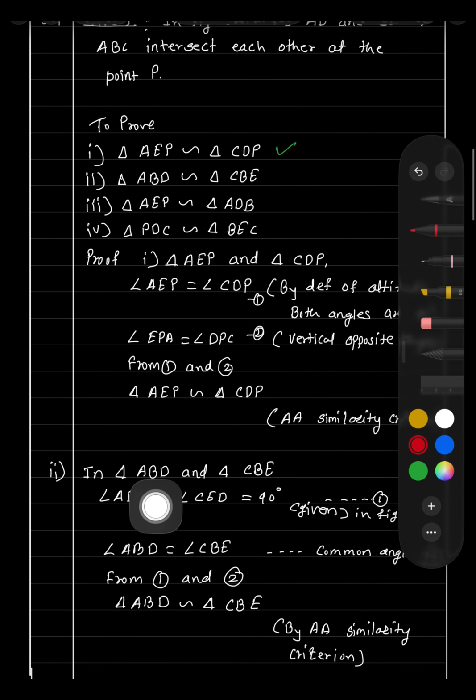So here, take triangle ABD and triangle CBE.